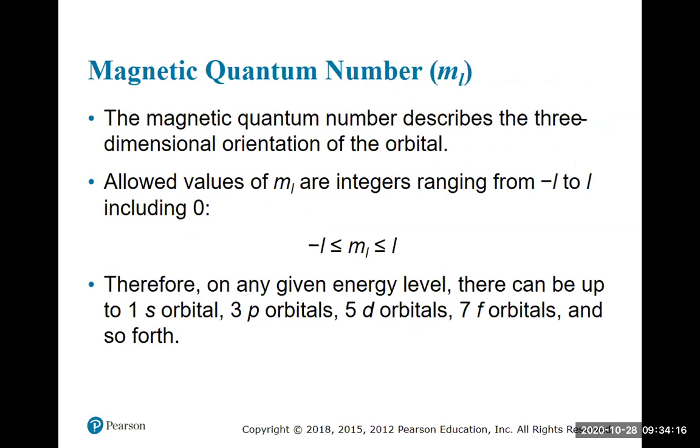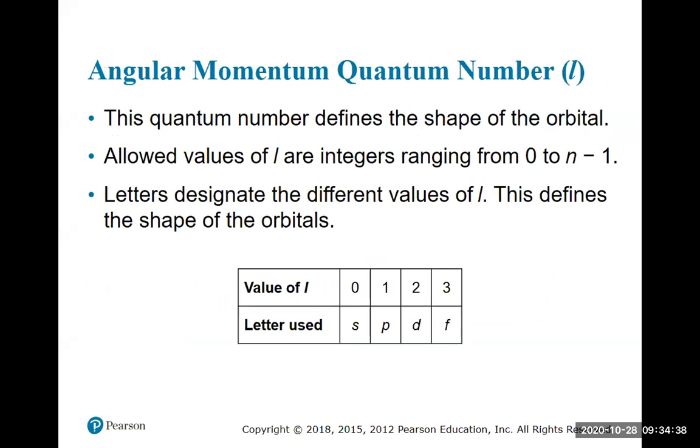Then the third quantum number is something called the magnetic quantum number. And this gives the three-dimensional orientation. Once again, this is something you'll see in the lab this week because it's like these 3D pictures that you can rotate around. So it's good to think of the shape as a circle, or a lobe-looking thing, or something like that.